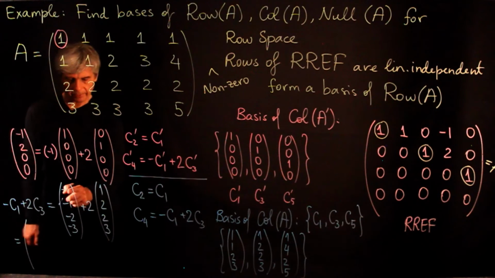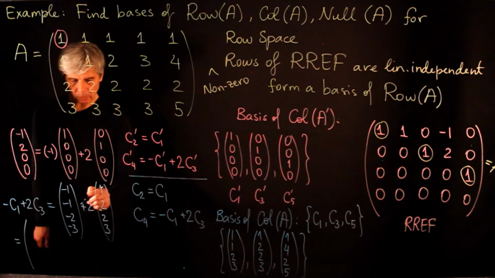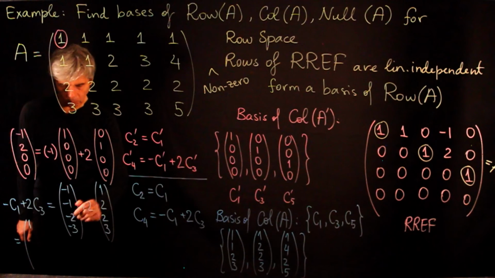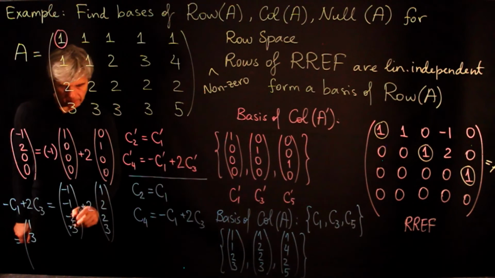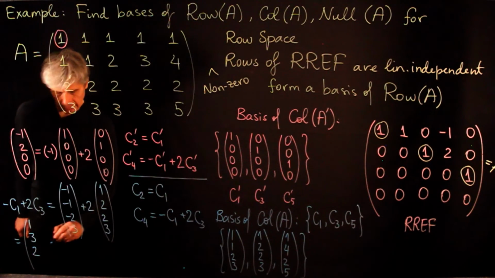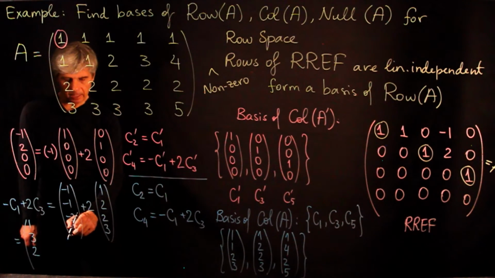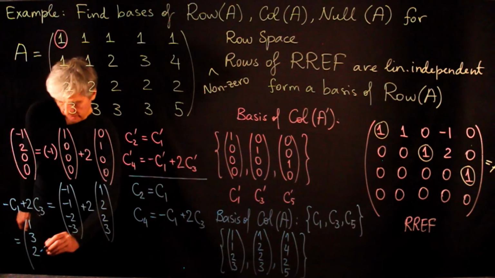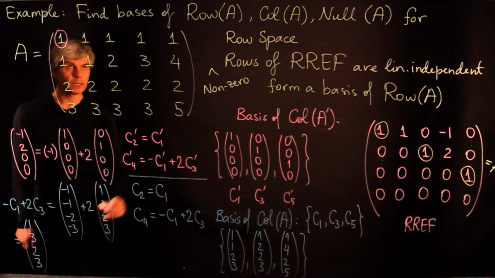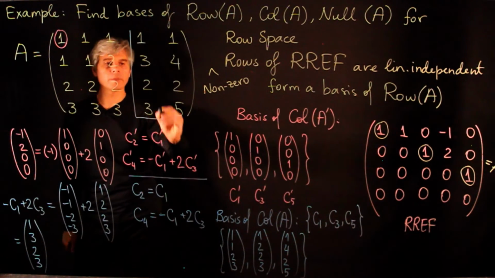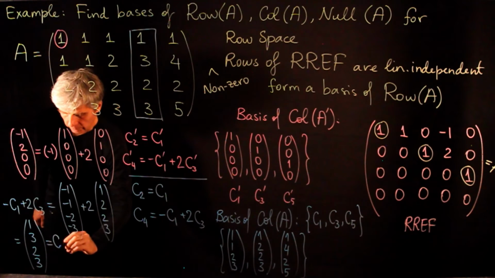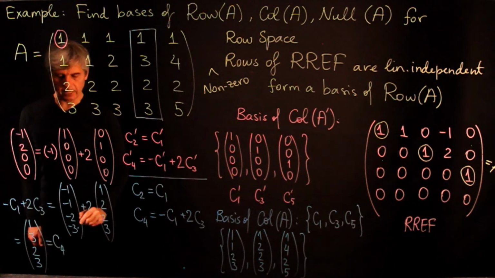Minus 1 plus 2 is 1. Minus 1 plus 4 is 3. Minus 2 plus 4 is 2. And minus 3 plus 6 is 3. We compare it with column number 4, and we see that this is exactly column number 4 of the original matrix.